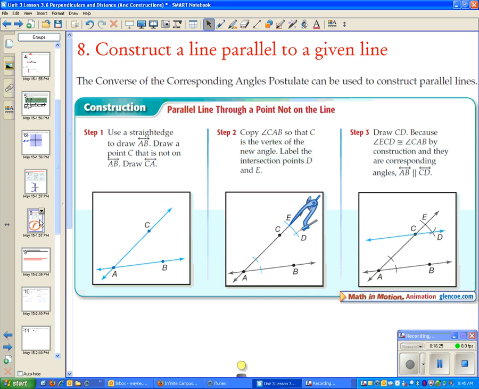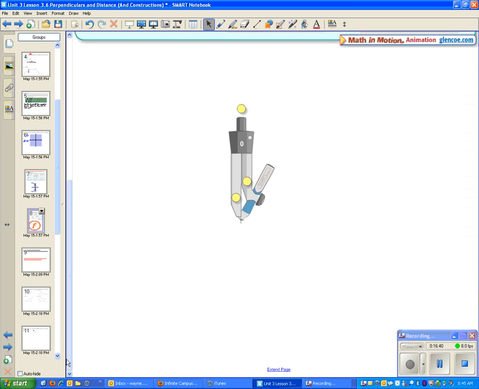I'm going to give you the directions here, and we're going to do one where we construct a line parallel to a given line. And then when we're done, I want you to tell me how come it works. So kind of be thinking along those lines as we do this. All right, so we have to start with a given line.